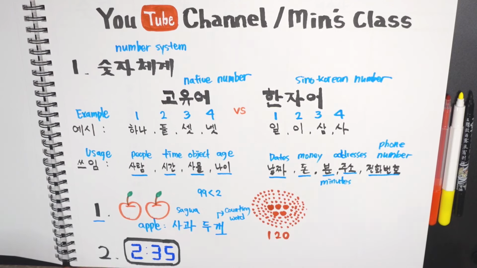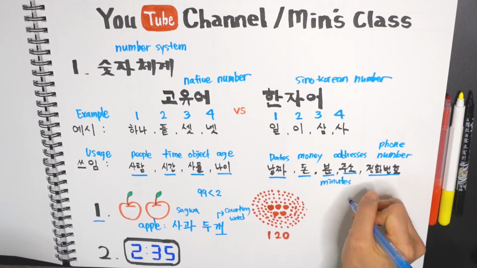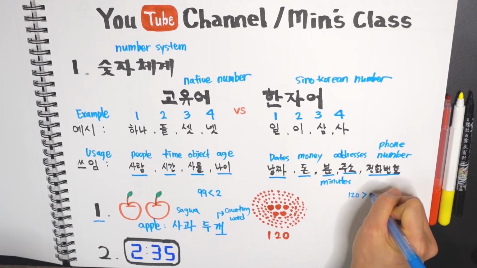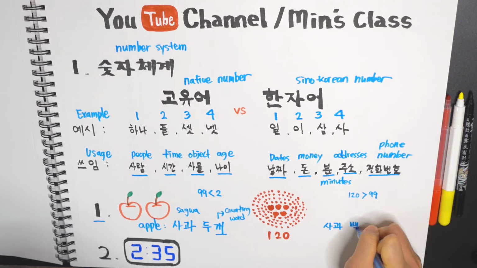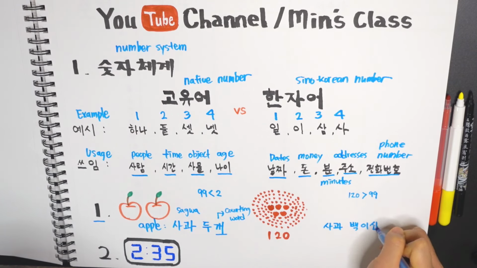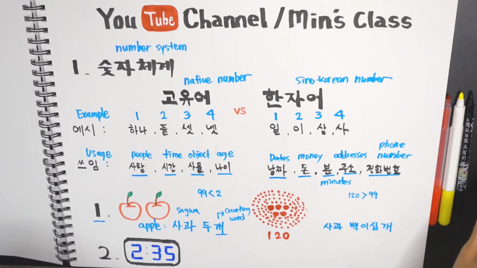Okay. Let's say you have a lot more apples. So let's say you have 120 apples. And since 120 is greater than 99, we use Sino Korean number system. And 120 apples in Korean would be 사과 120개. Okay?